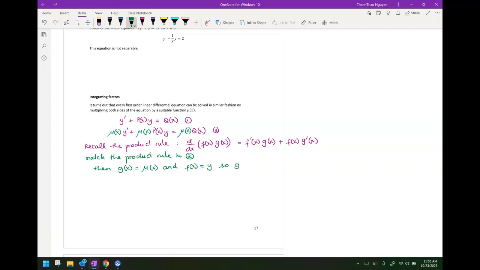So then g'(x) is equal to mu(x) times p(x). This means that g'(x) = mu'(x) is equal to mu(x) times p(x). So then mu'(x) divided by mu(x) is just equal to p(x).